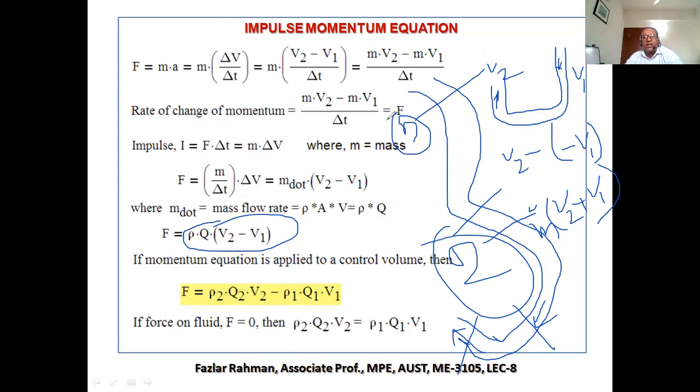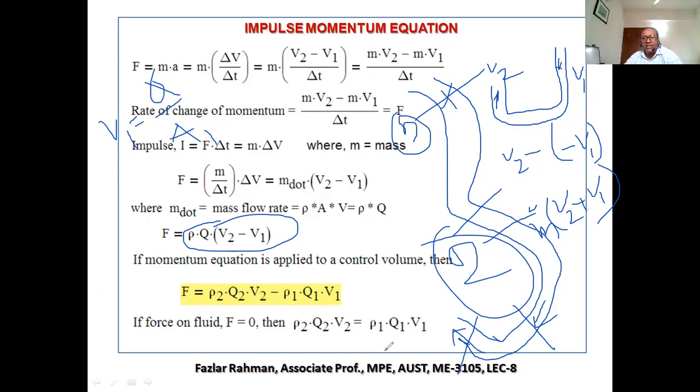Say, right over here, the flow rate Q at this point. If you know Q, then you can figure out the velocity V1. How? V1 equals Q by A. You can easily figure it out. Similarly, you can figure out V2 over here because V2 equals Q by A2. So you got V1, V2.